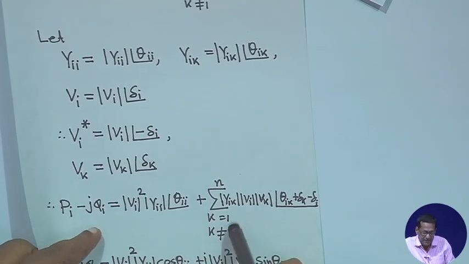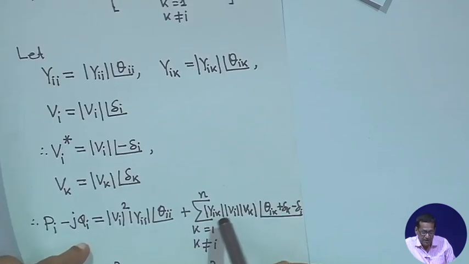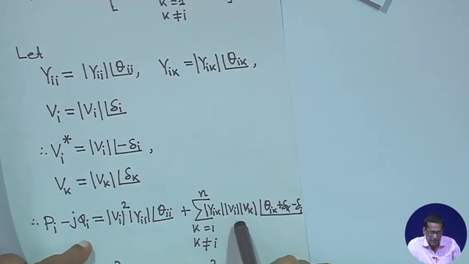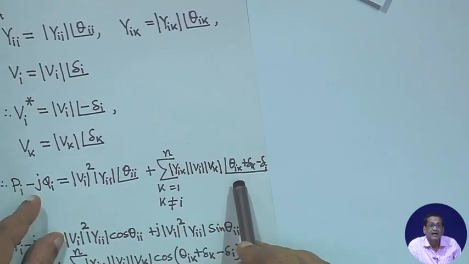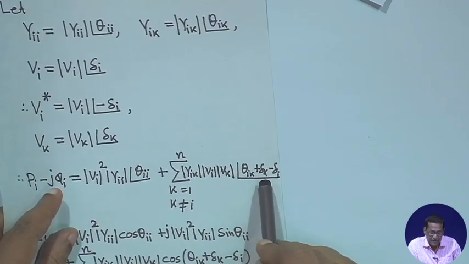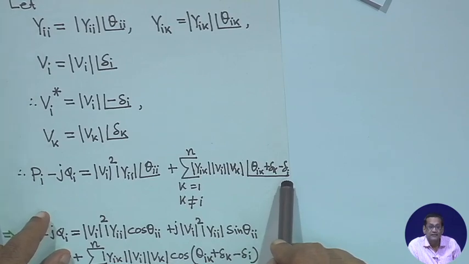Second term: k equal to 1 to n, k not equal to i, magnitude Y_ik, magnitude V_i, magnitude V_k, and the angle will be theta_ik plus delta_k minus delta_i.